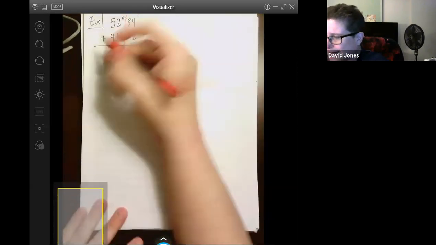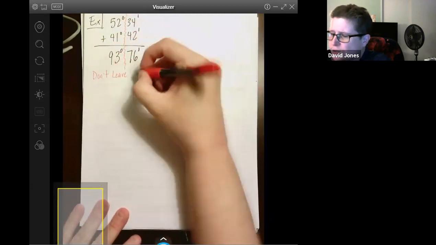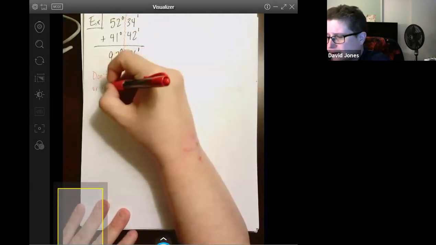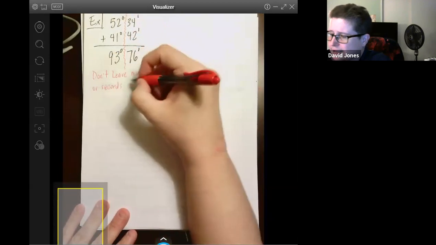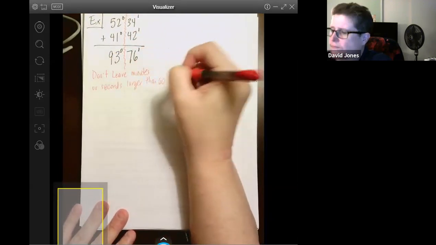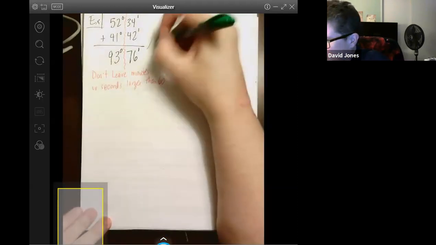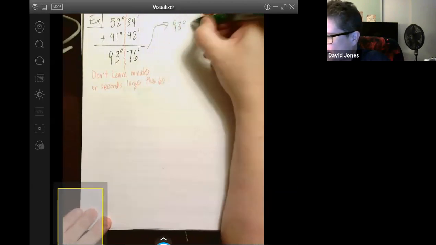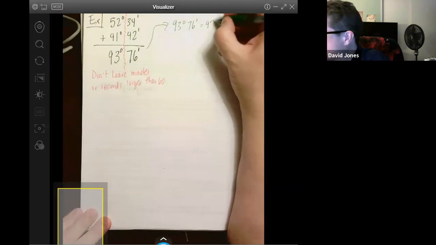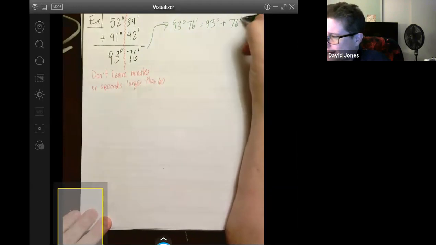We don't leave it like this. Don't leave minutes or seconds if it's larger than 60. So what can we do about that? Well, we've got 93 degrees, 76 minutes. This really means 93 degrees plus 76 minutes. Maybe seeing it that way might help.